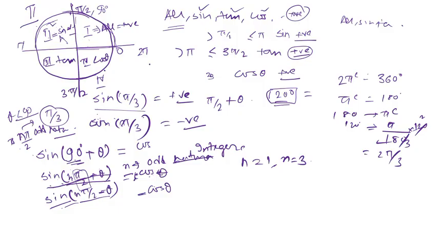Sine will become cos, and the sign will be negative, because in the fourth quadrant the sine function is negative. That we already discussed. So this is the usefulness of finding the function's sign: which quadrant it will fall in and what the sign will be.